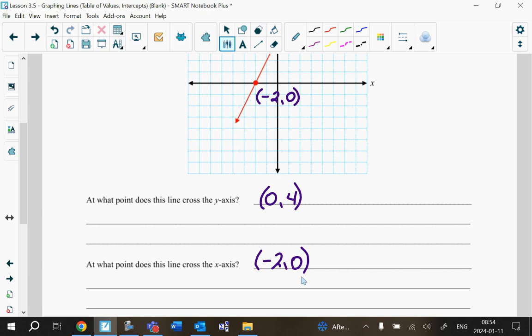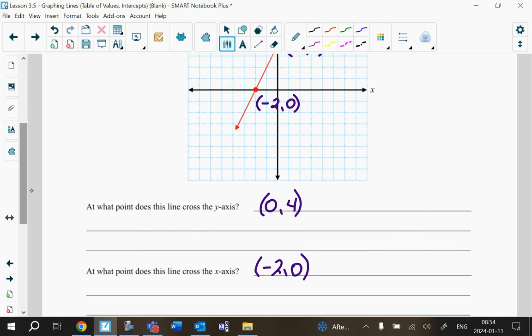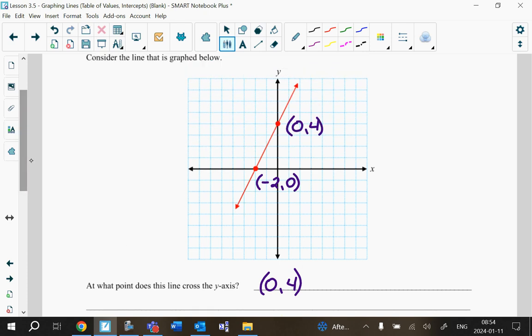What if I drew, and you don't have to draw these, but if I drew, say, another line, like that. What's the point where this one crosses the y-axis? 0, 2. What's the point where it crosses the x-axis? 2, 0.